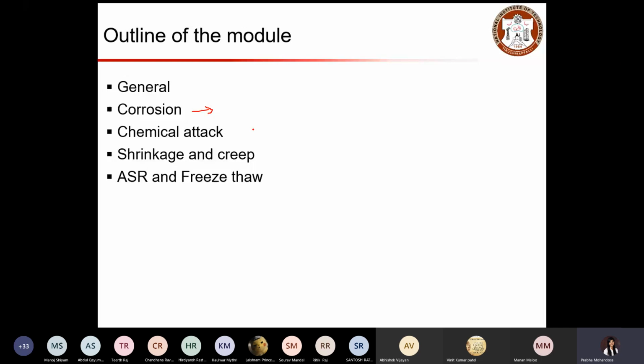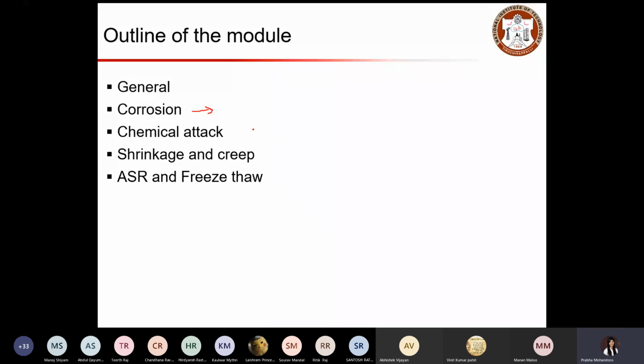Likewise, based on its stages, we have different types of shrinkage classifications that influence the concrete either in the fresh stage or in the hardened stage. So we will look in detail at the shrinkage mechanism and creep.